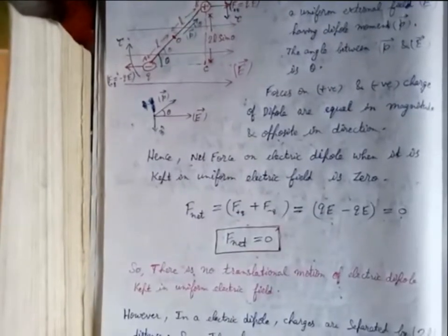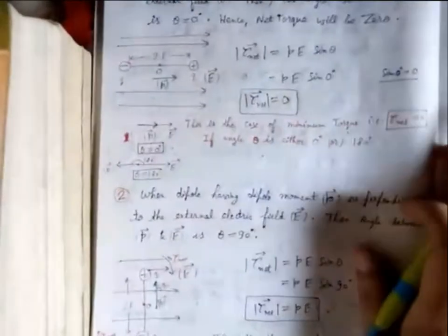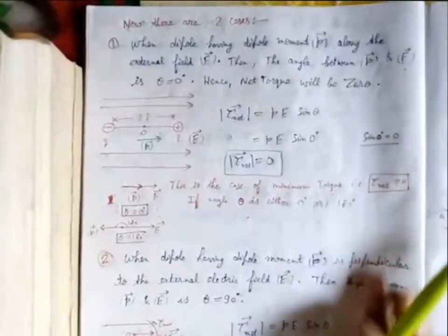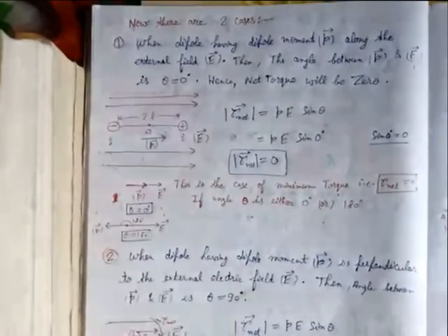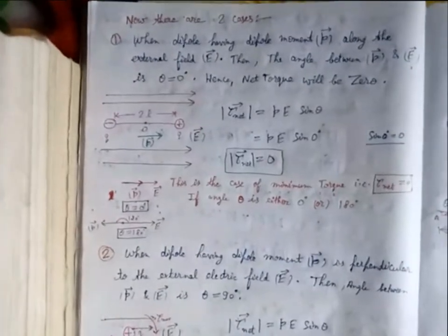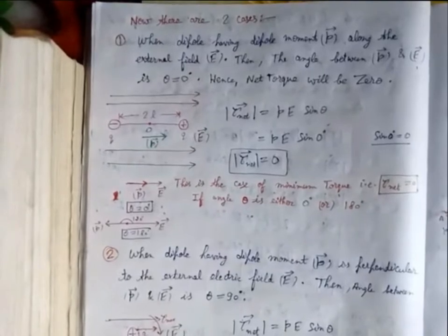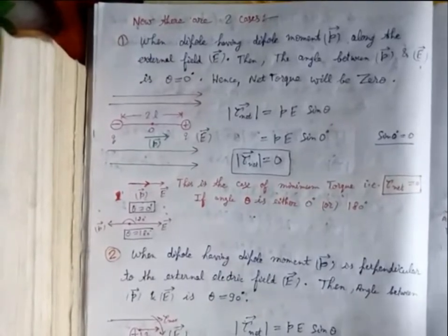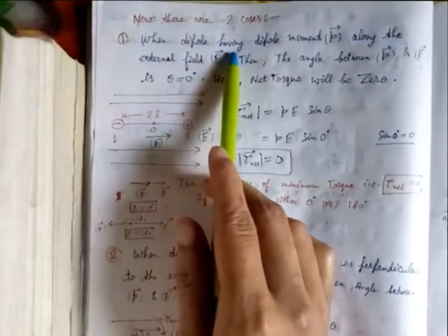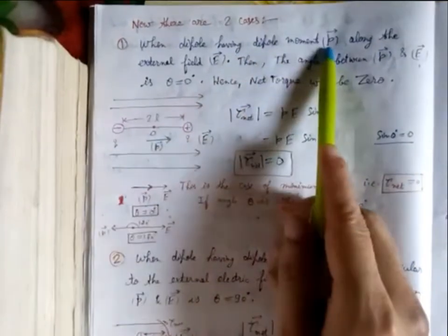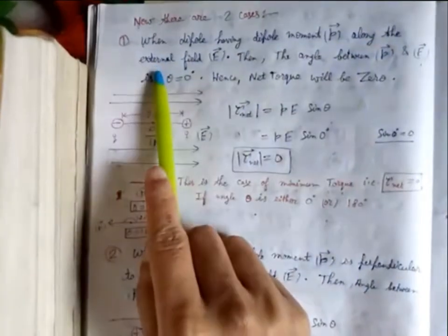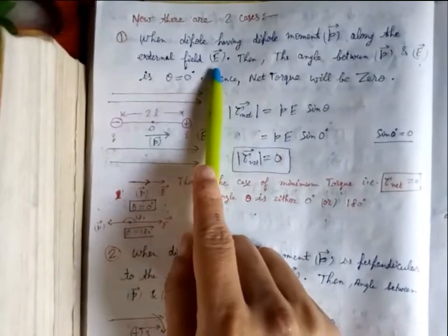Now we have two cases for the value of net torque on the electric dipole. The first case is when the dipole has its dipole moment along the external electric field.